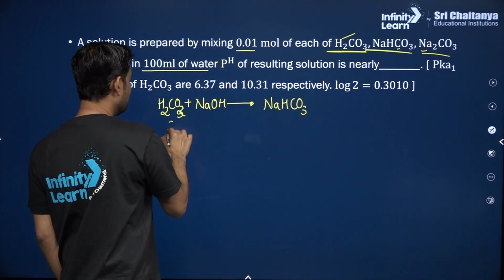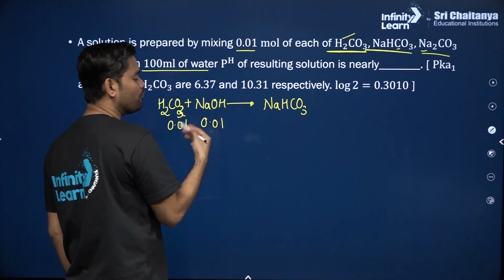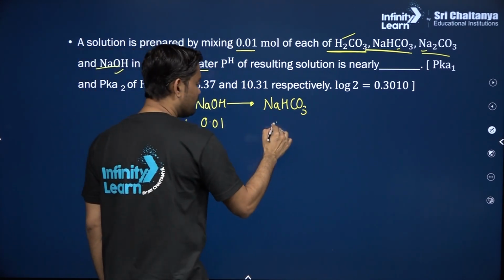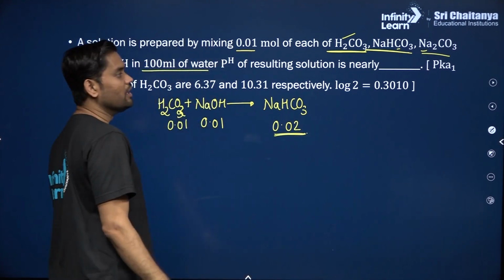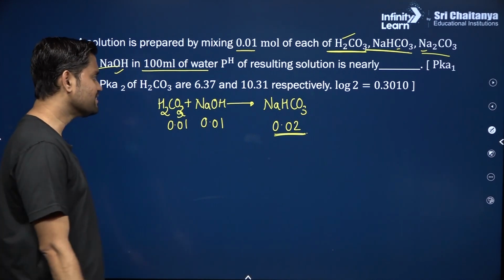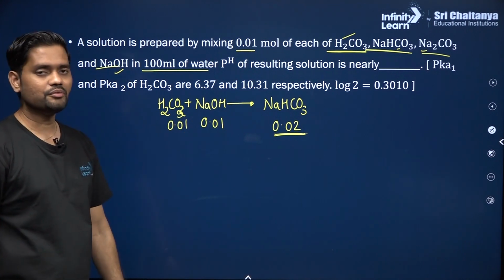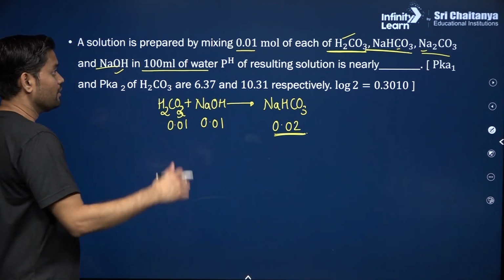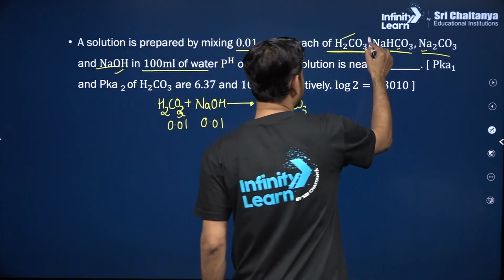So 0.01 mole and 0.01 mole, they both will get consumed, and what will be formed is 0.02 moles of sodium bicarbonate. Is this clear? Sure. So this is completely going to get consumed and that is going to be formed. Now, ultimately what is present in the equation? These are the two things that are present.